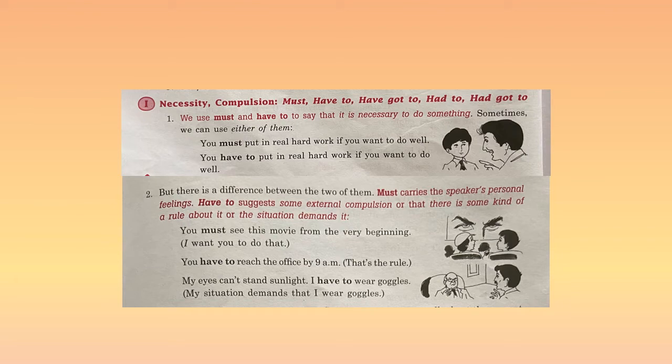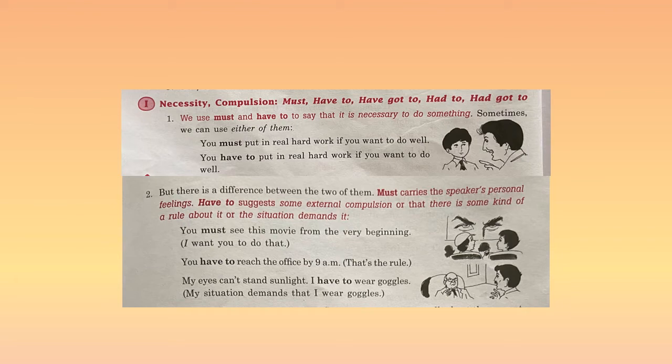But there is a difference between the two of them. Must carries the speaker's personal feeling. Have to suggests some external compulsion or that there is some kind of a rule about it or the situation demands it. Let's see the examples. You must see this movie from the very beginning. I want you to do that.